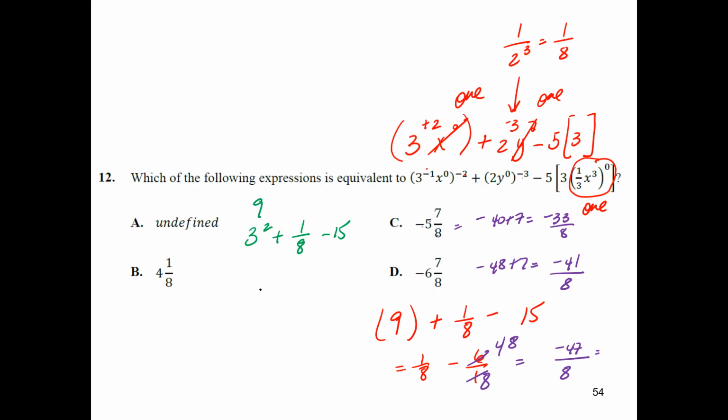So that becomes a 9, 1/8 minus 6 over 1, 8, 48, negative 48 over 8. No, we didn't make any mistakes here. This looks correct, but I don't know why the answers here are not accurate. But this is your answer.